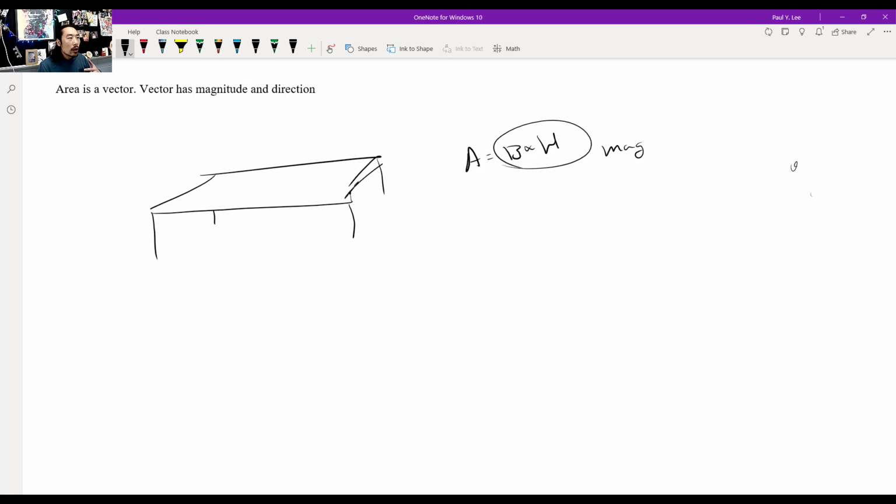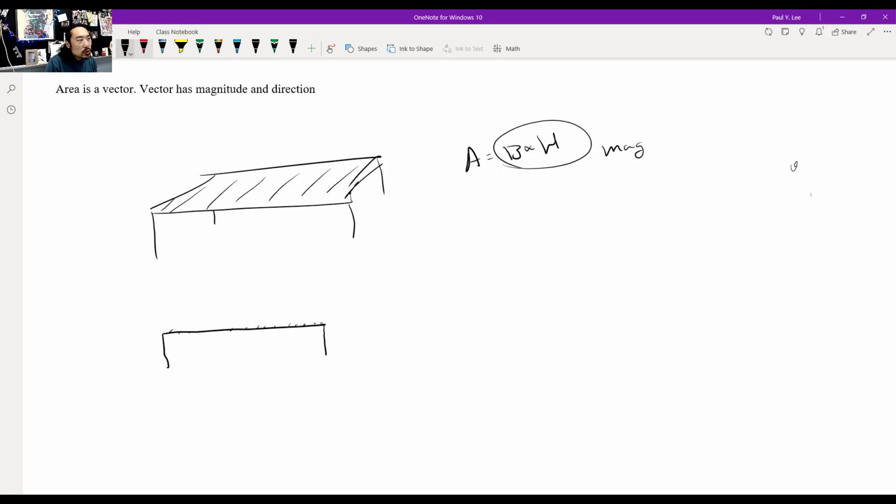For the direction, the rule of thumb is that the direction is perpendicular to the surface. This is a 3D image. If we were to draw a 2D image, my table would look something like this. This is my surface, and area is always perpendicular to that opening.